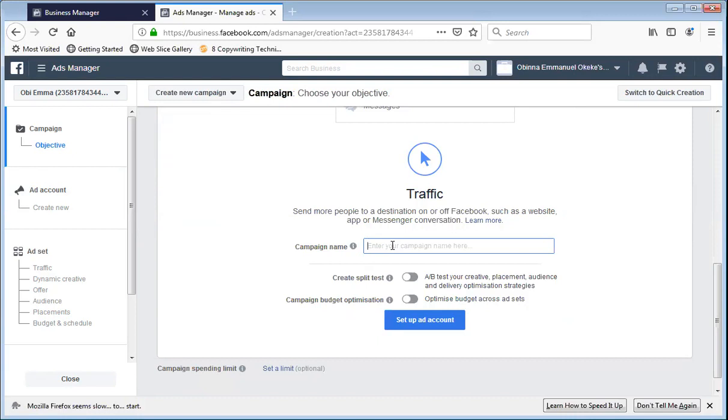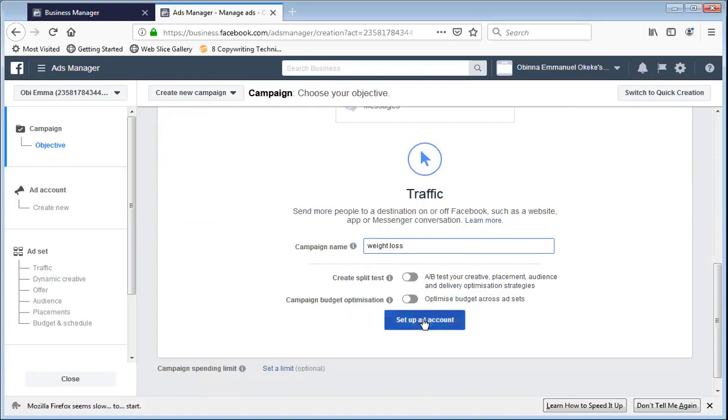Maybe you are selling 5 different products, 10 different products, as the case may be. You need to know which advert is for the particular product you are selling. So in this case, let's assume we are selling a weight loss product. So we can have this as a weight loss campaign.